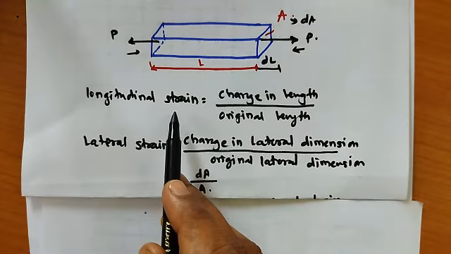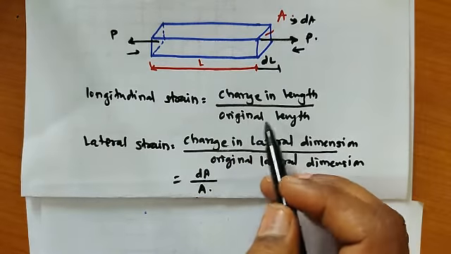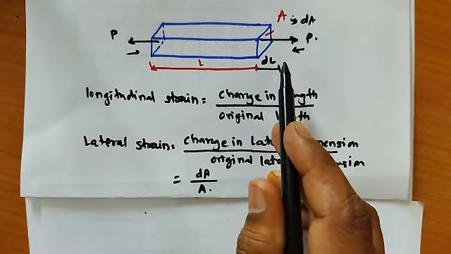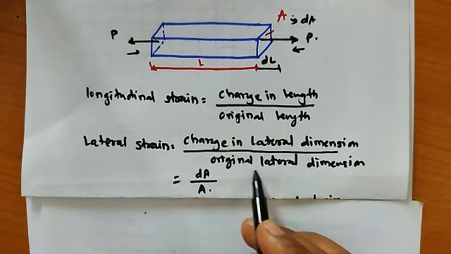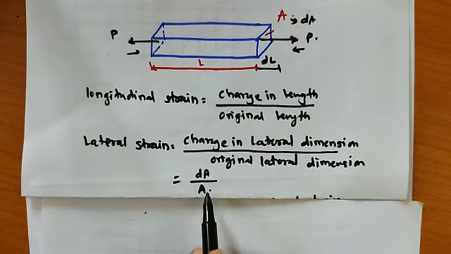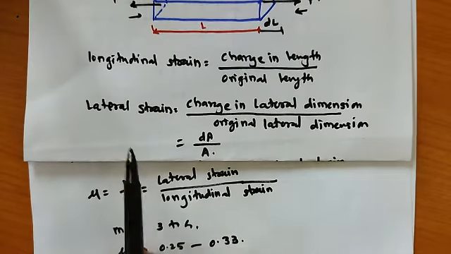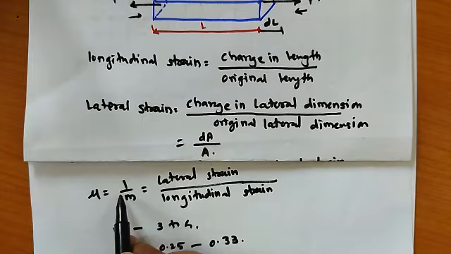So for that we have considered two strains. The first one is longitudinal strain, along the axis of the bar, the ratio of change in length divided by original length. And lateral strain, which is perpendicular to the axis of the bar, is equal to the change in lateral dimension divided by the original lateral dimension, or the change in cross-sectional area divided by the original area. Suppose we take the ratio of lateral strain to longitudinal strain. This ratio is considered as mu, or 1 upon m.